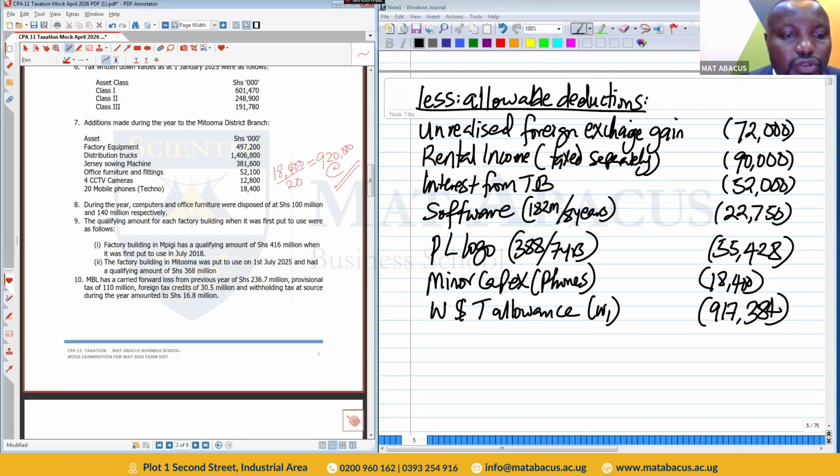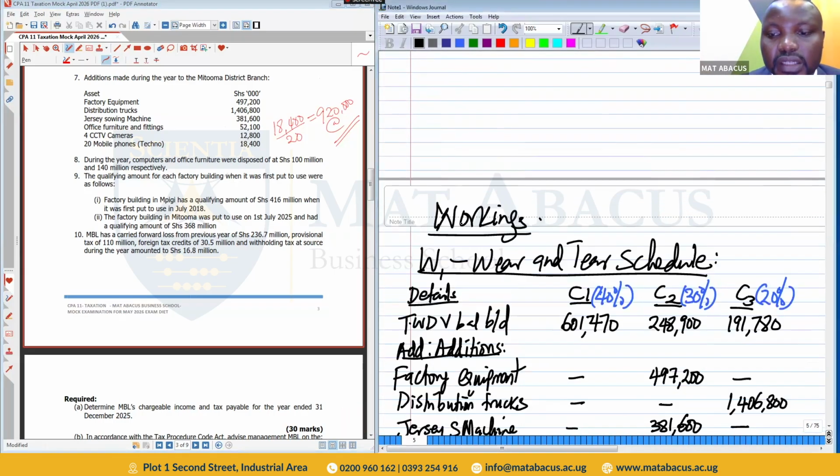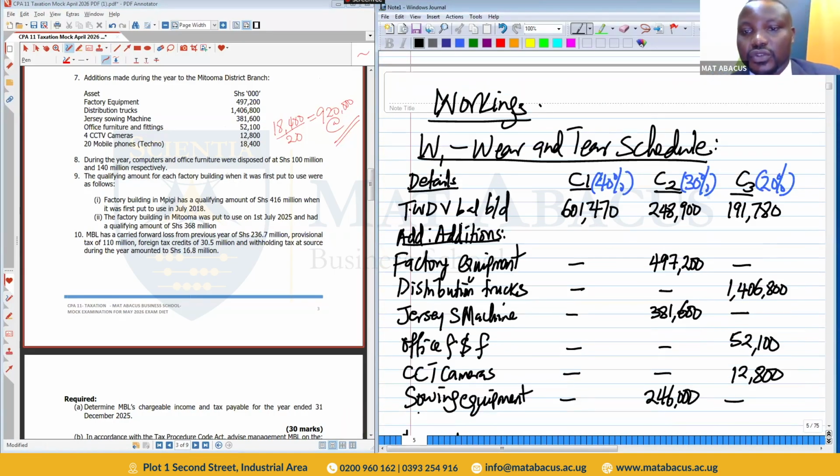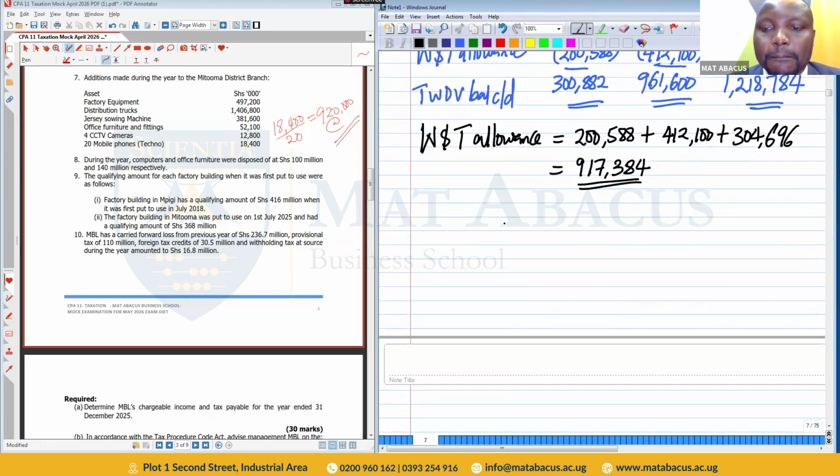Then we go to note 9, which says the qualifying amount for each factory. When they examine this question, they include information to compute the wear and tear, and most times information to compute what we call the industrial building deduction, IBD.